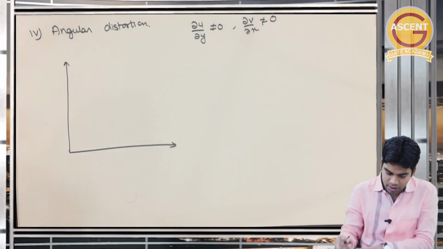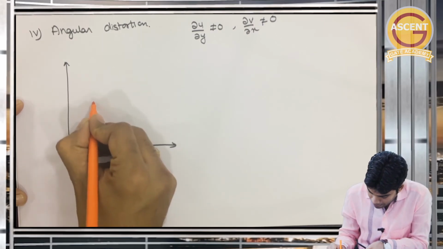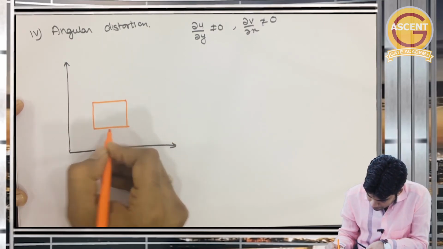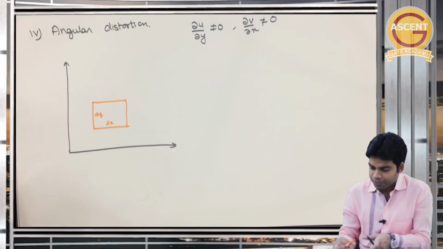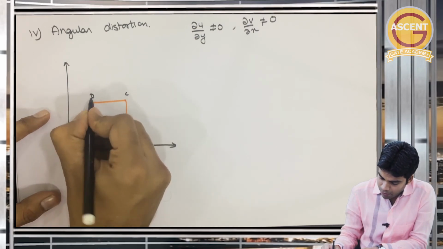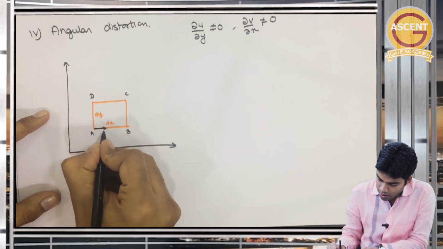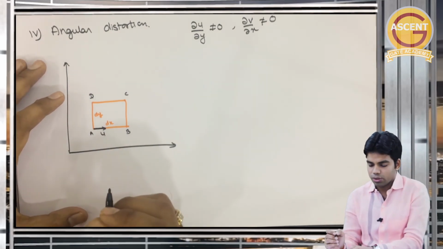Okay, so considering the same element of dimension dx dy. Now at this particular point, suppose A, the velocity in direction x is u.